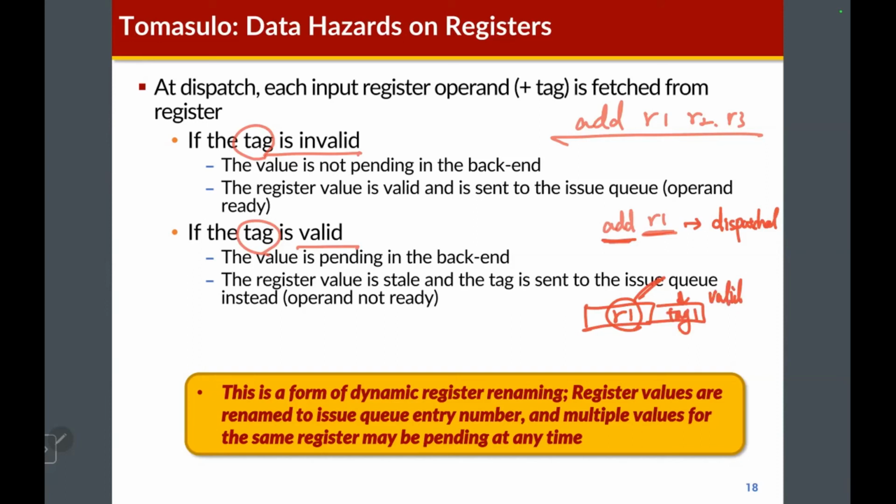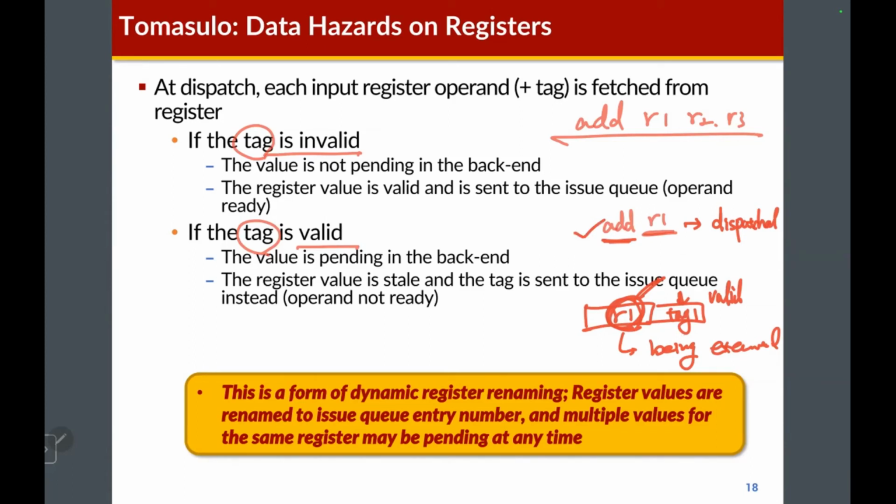Why? Because this R1 is being executed by some instruction, so it will be updated by the dispatched instruction. Okay, so R1 does not have any valid data. This instruction is just dispatched.